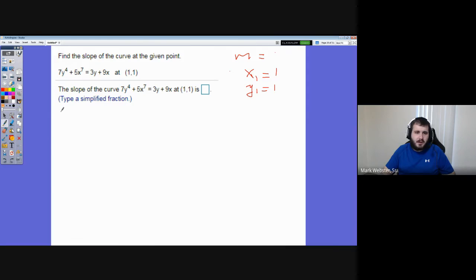So we take the derivative of each of these: 28y cubed dy dx plus 35x to the 6th equals, derivative here, 3 dy dx plus the derivative of 9x is 9.